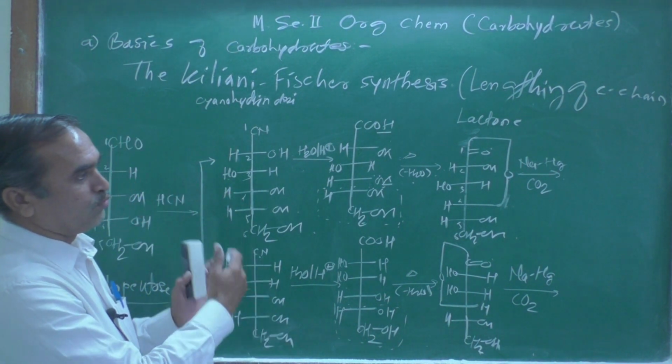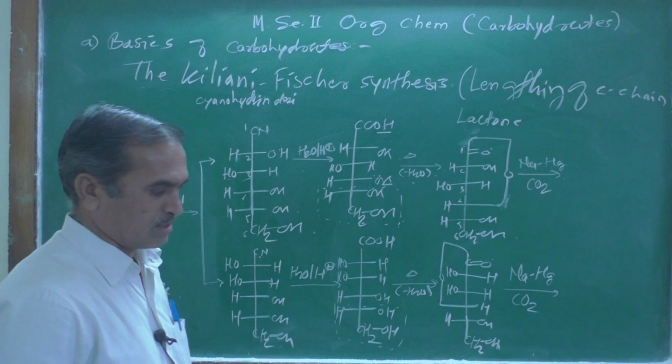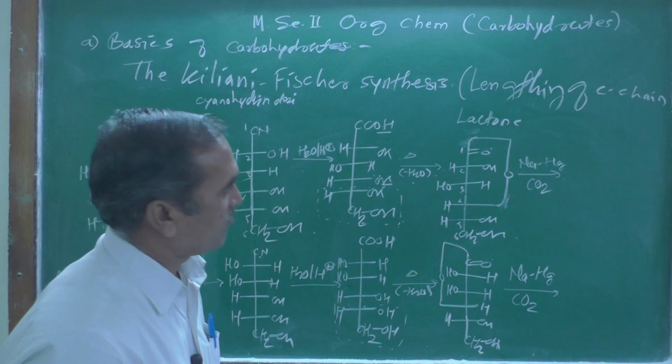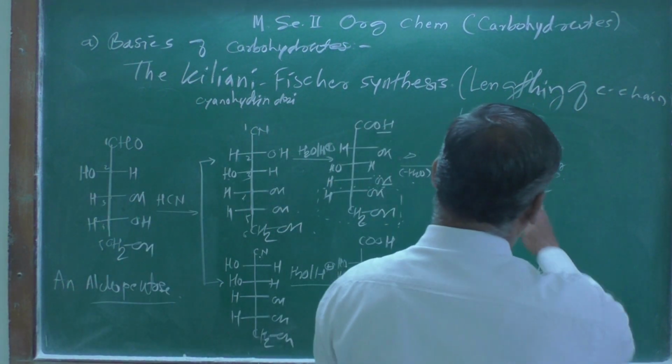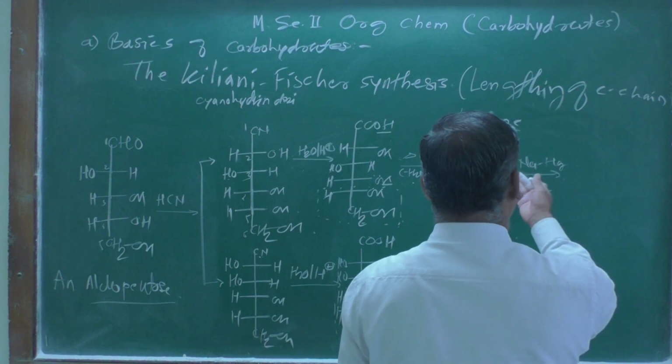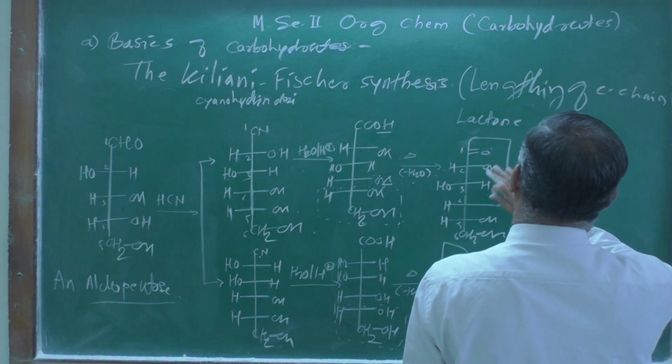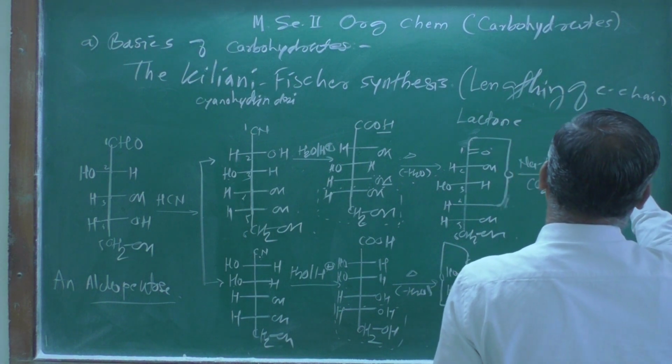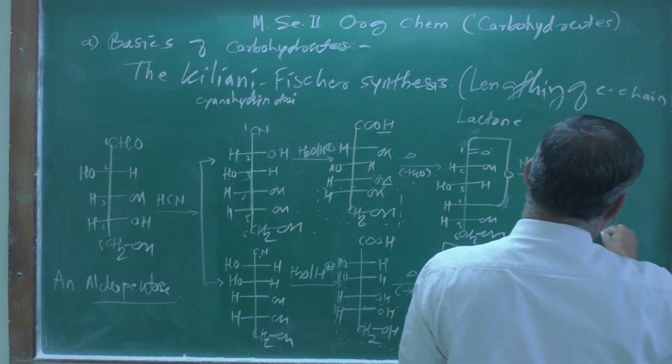These are the various processes taking place, and what they finally obtain here, this lactone ring gets opened and that gets converted into an aldehyde group, and they got the compound like this.